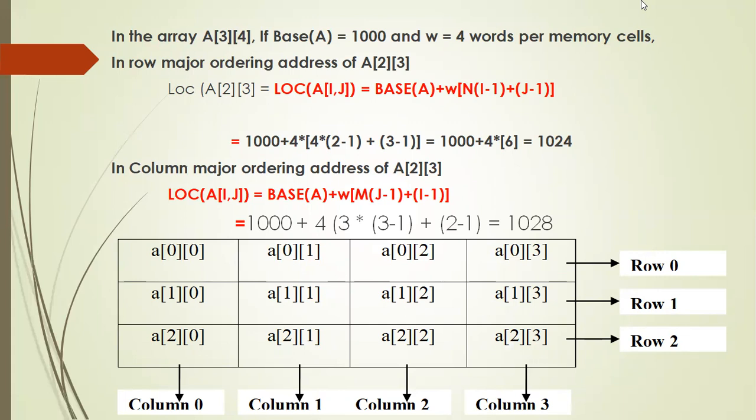Since it is given as row major ordering, A00 address will be 1000. Next, A01 is 1004, A02 is 1008, A03 is 1012, A10 is 1016, A11 is 1020, and A12 will be 1024. So it's correct now, because in the C language, A12 denotes the element stored in the second row and the third column. So its address we can easily compute as 1024.